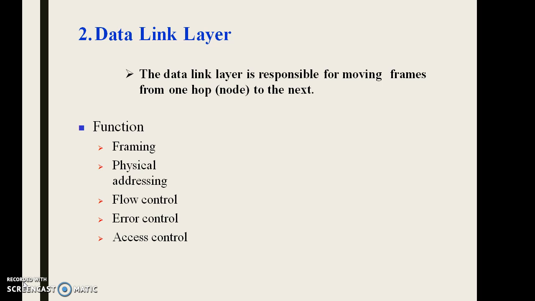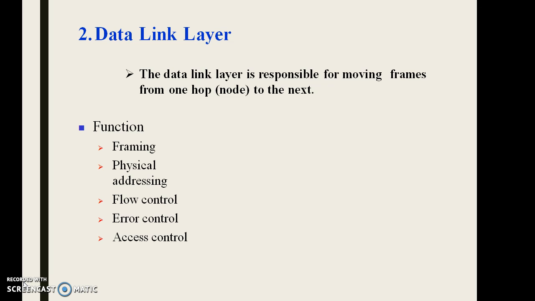At this stage, the data link layer adds header and trailer information to it. This now becomes a data unit to be passed to the physical layer. The header and trailer contain the source and destination address and other control information.